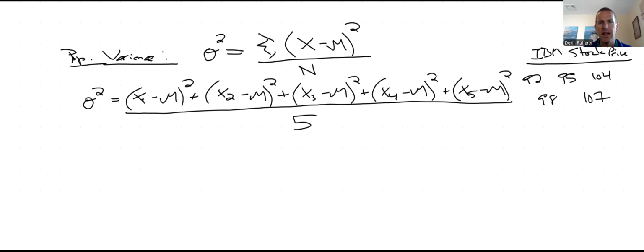So let's calculate this. Well, the first problem we have is that we need to know what mu is, right? We need to actually get mu, the population mean. You may remember that mu is equal to the summation of x divided by capital N, which is equal to 92 plus 95 plus 104 plus 98 plus 107, which broke out to 99.2.